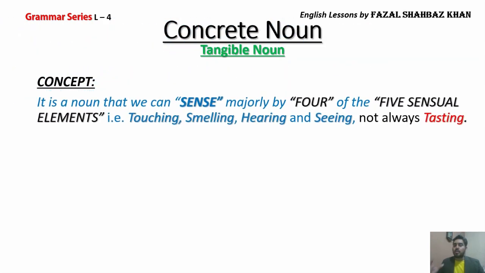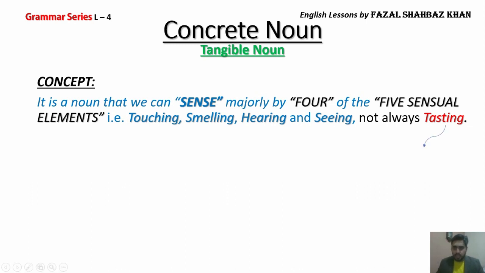Now what do I mean by concrete noun here? Is that a noun that we can only sense, although we can sense by all five sensual elements that we have in shape of touching, smelling, hearing, seeing, as well as tasting. But sometimes we don't really have the taste of such concrete nouns, except that tasting, we can simply go for the four of the senses, that is touching, smelling, hearing, and seeing.